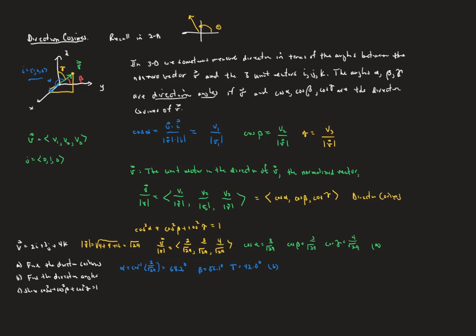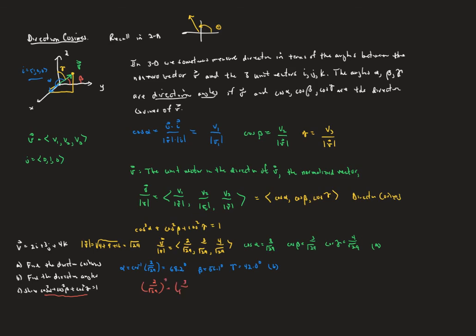And finally, part C, I'm going to show that cosine squared alpha plus cosine squared beta plus cosine squared gamma is 1. So cosine alpha is 2 over the square root of 29. I'm going to square that.